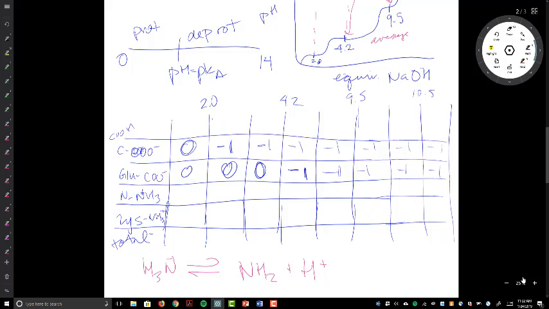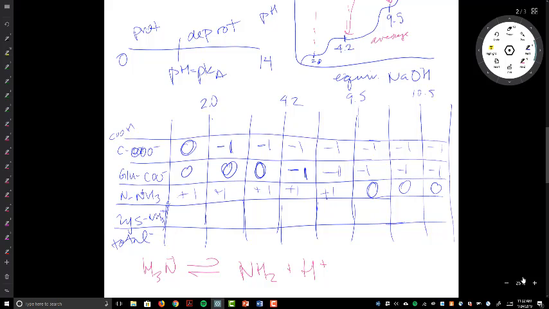For the N-terminal amine, we're going to be protonated or positive all the way up until we approach its pKa of 9.5. So immediately below the pKa of 9.5, the positive or protonated form will dominate. Once we flip past that pKa of 9.5, we're going to see the deprotonated or the neutral form dominate, and will continue to dominate as we go up the pH scale.